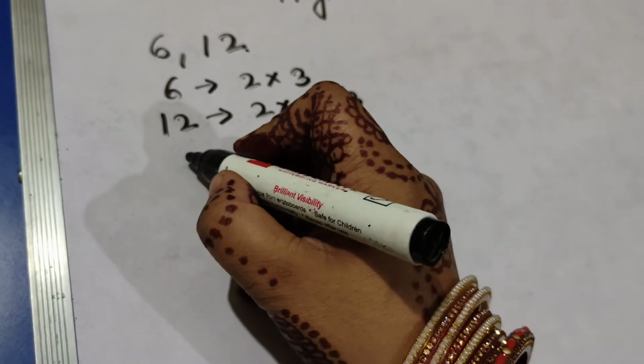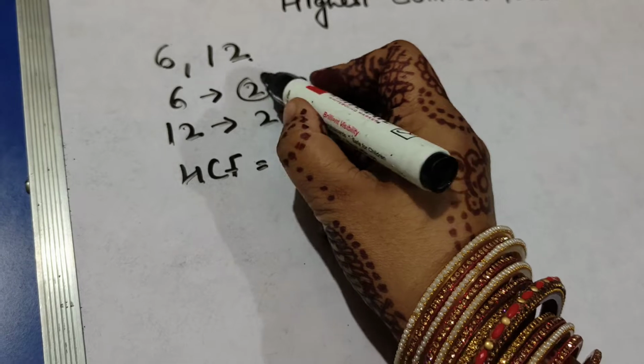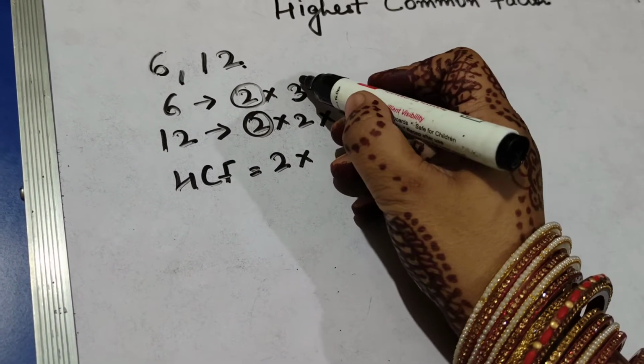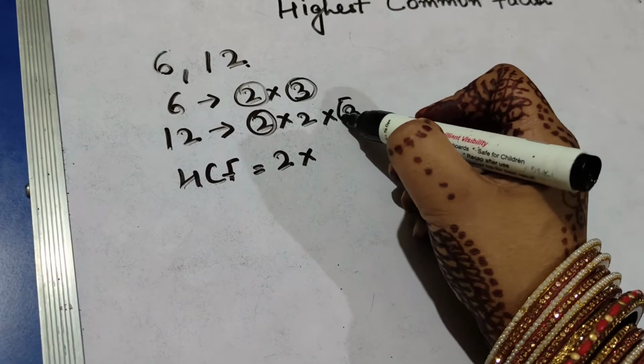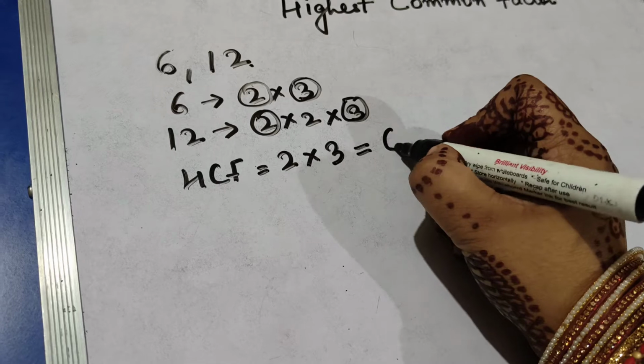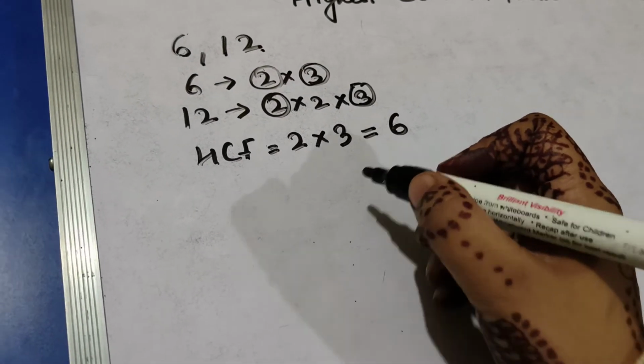Then you see the common factors: 2 here and 2 here, so write down 2. Next common is 3 here and 3 here, so you write 3. So you have the answer 6. So 6 is the HCF of these.